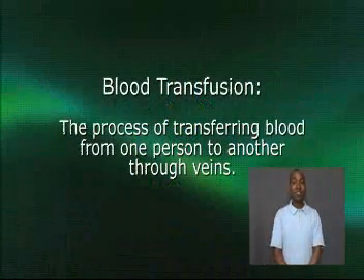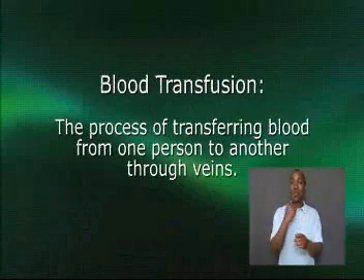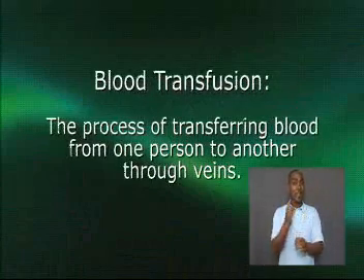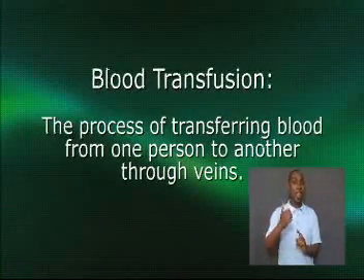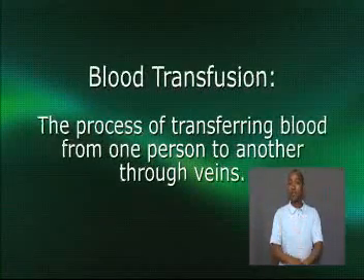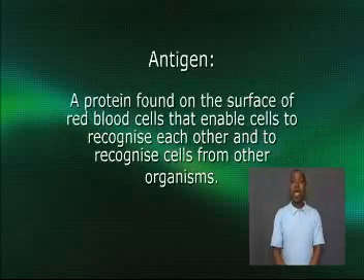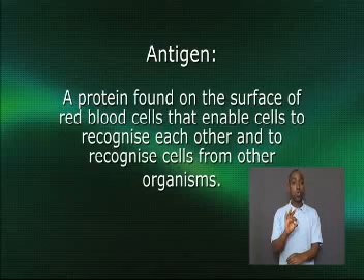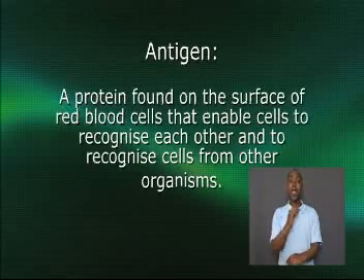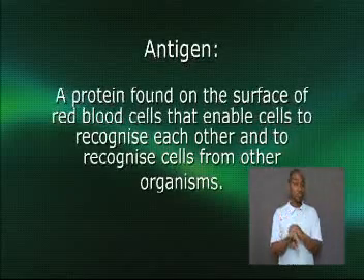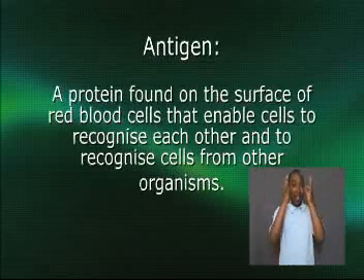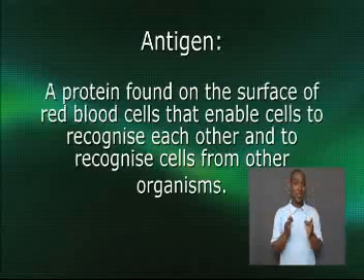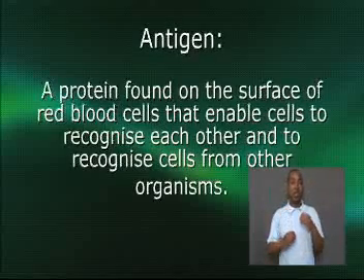A blood transfusion is the process of transferring blood from one person to another through veins. An antigen is a protein found on the surface of the red blood cells that enable cells to recognize each other and to recognize cells from other organisms.